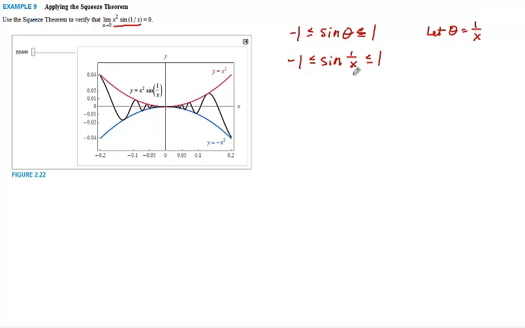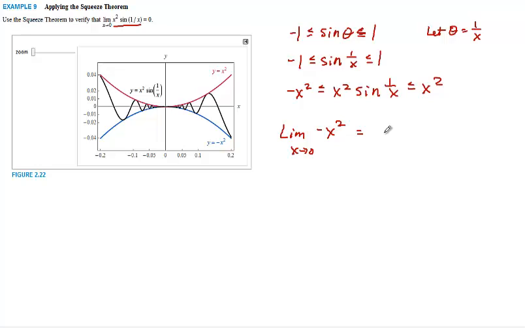Now what if I went through and just multiplied everybody by x squared? Because I can do that. So I get negative x squared here. Oh, that looks a lot like what I got. Let's say that I looked at the limit as x goes to 0 of negative x squared.